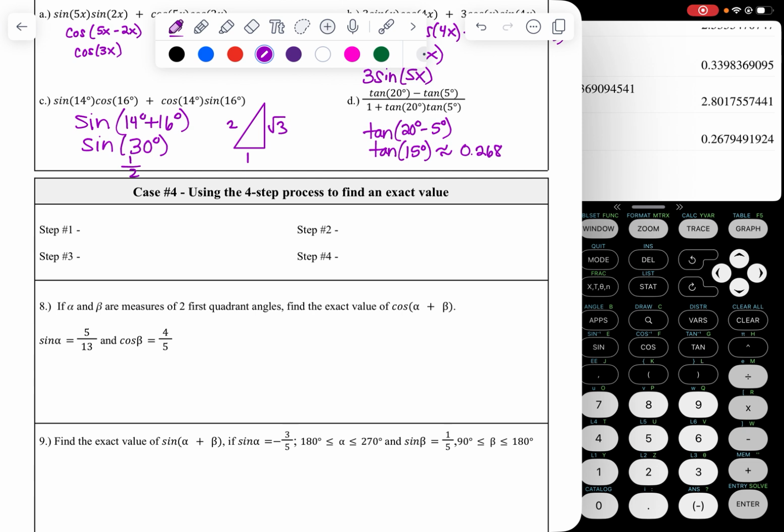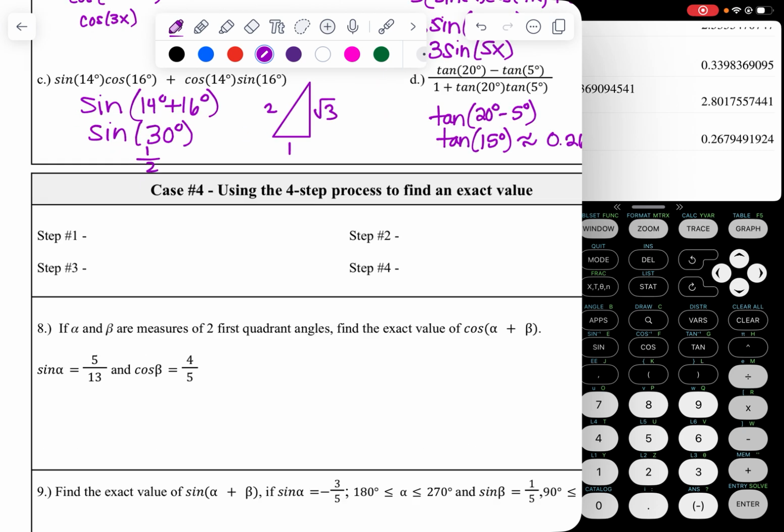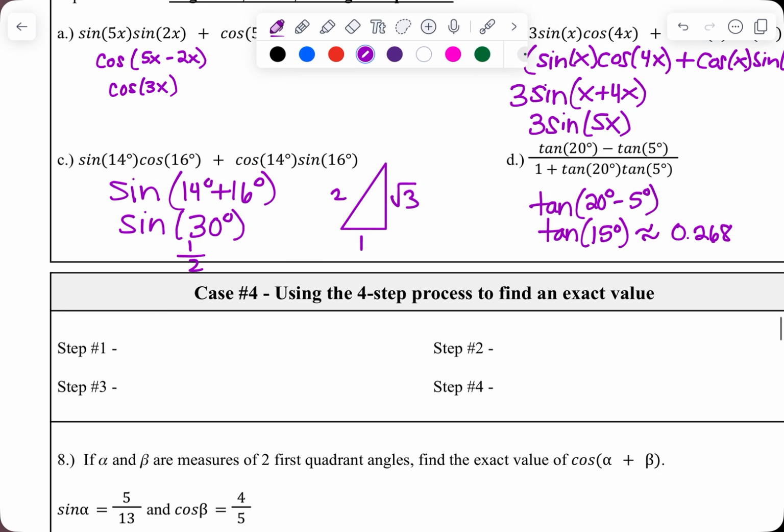All right, case number 4 here, using the 4-step process to find an exact value. So here's our 4-step process. Step number 1, we're going to write the formula. Step number 2, we're going to draw the diagram.